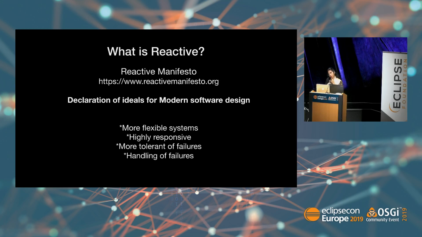Like any new concept, or any old concept that we keep discussing again, for reactive also, around 2013, the Reactive Manifesto was made, which was led by Lightbend, and it was simply a declaration of ideals of how modern software design should be today.